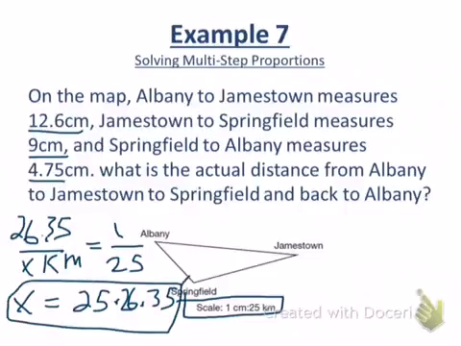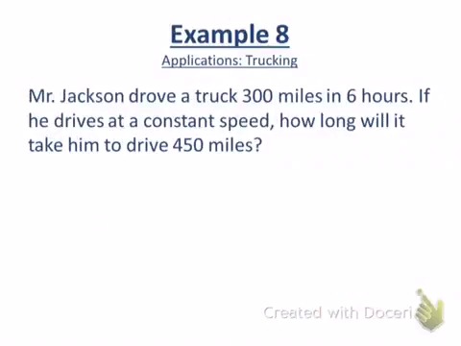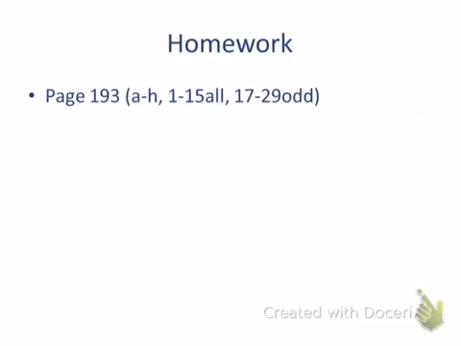All right? Now, you could probably have figured out, we've got to multiply by 25. But I want you to learn to use proportions and similarities or scales to figure out your solutions. Okay? All right, we're going to skip that one because it's pretty easy.